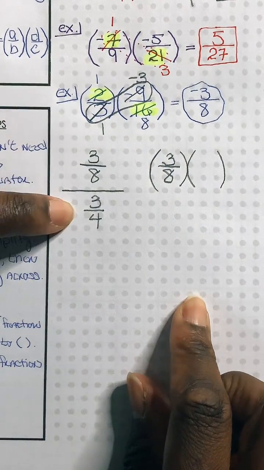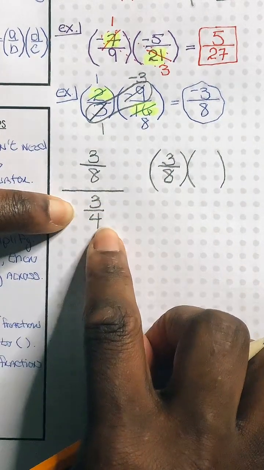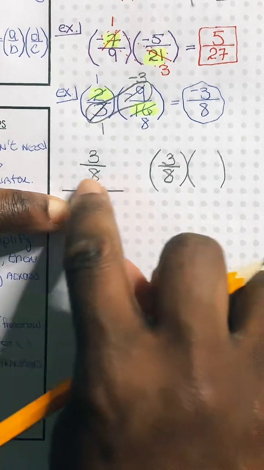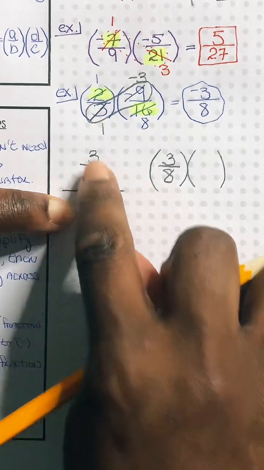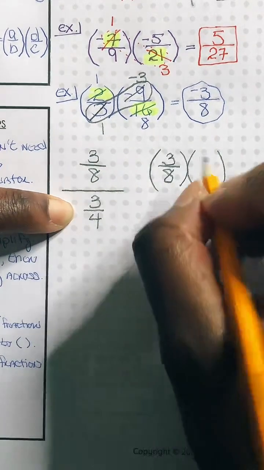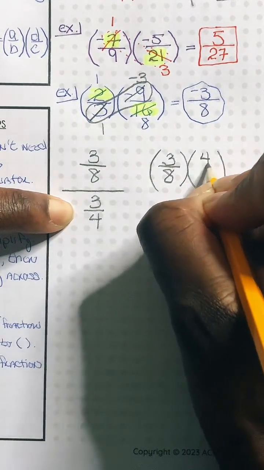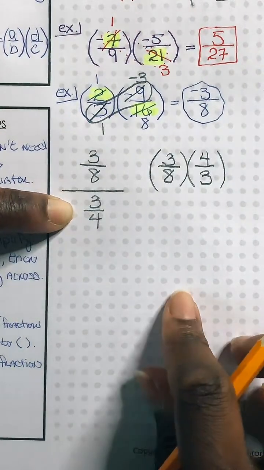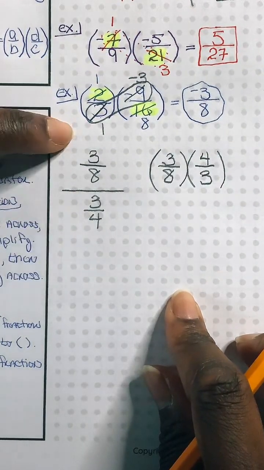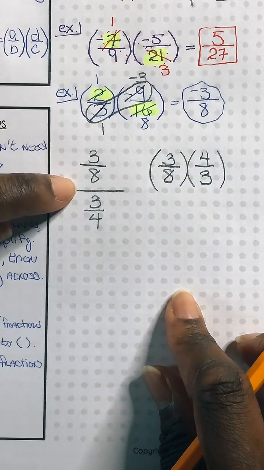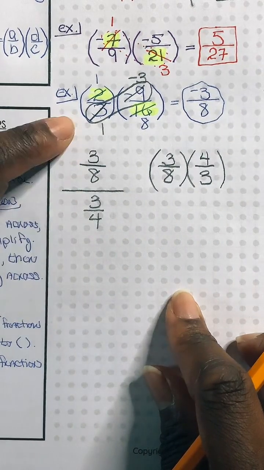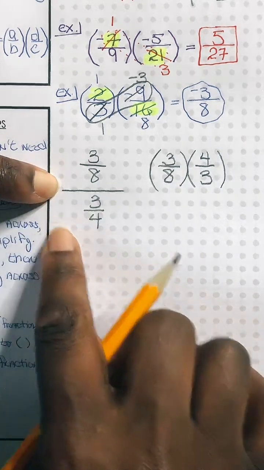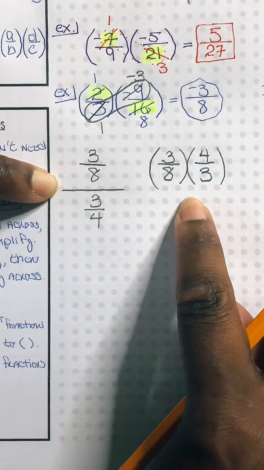Then this denominator, 3/4, what I'm going to do is I'm going to flip it so it can be on the same level as my 3/8. So that means I'm going to flip 3/4 to 4/3. So basically, when you're dividing, instead of a fraction with a fraction line with a fraction, this looks crazy. Change it from division to multiplication.